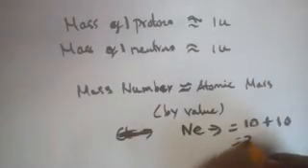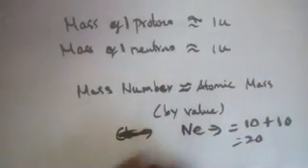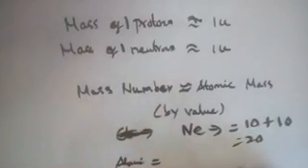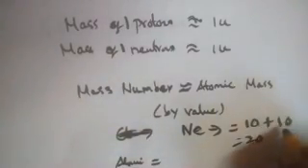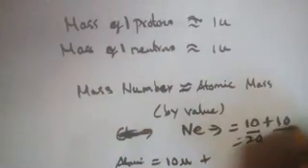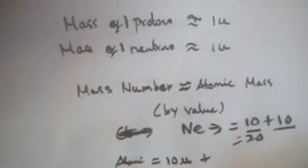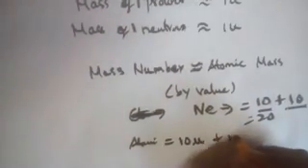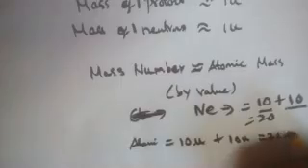So 10 plus 10 is 20. Similarly, the atomic mass is given by the mass of protons plus the mass of neutrons. There are 10 protons, therefore 10 U, plus 10 neutrons, therefore another 10 U. So 10 U plus 10 U, 20 U.